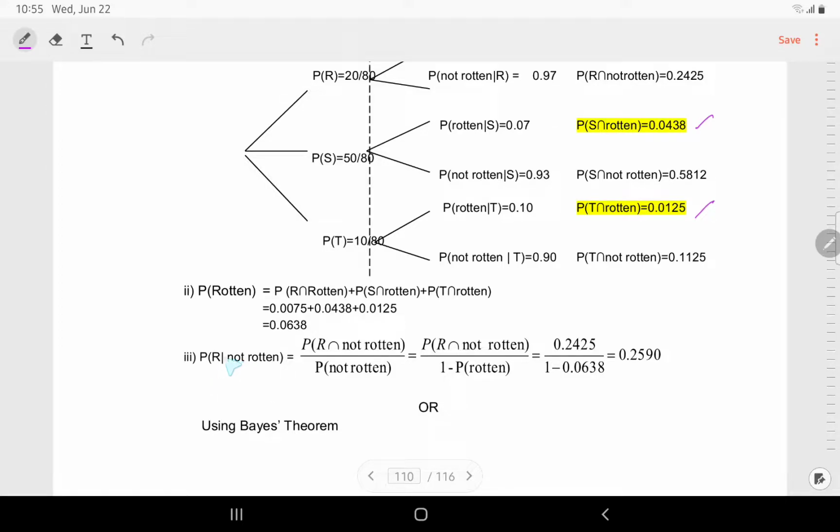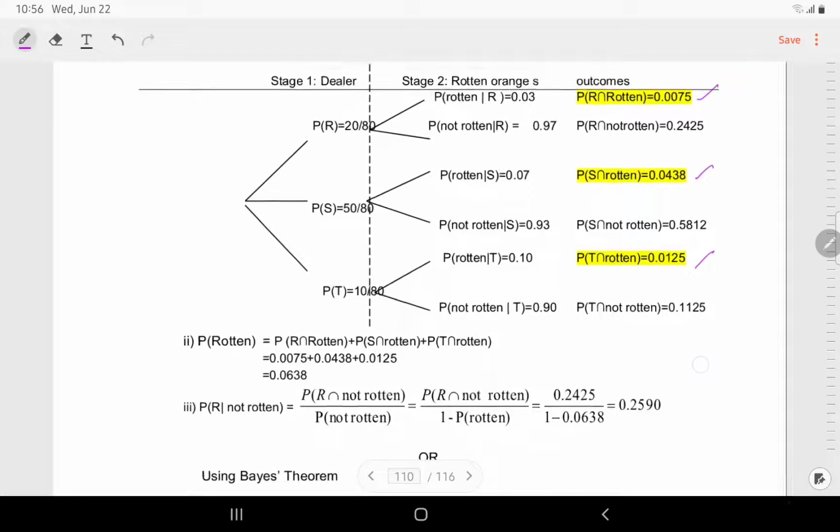Ini guna ordinary formula yang first tadi, iaitu kalau insert into formula kita akan dapat P(R intersect not rotten) divide by P(not rotten). P(R intersect not rotten) is right here, which is 0.2425.